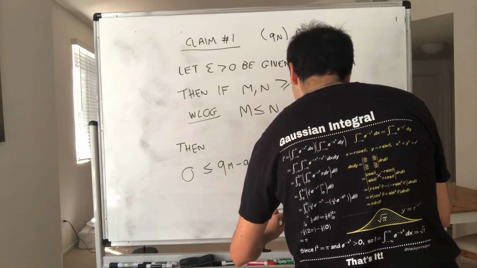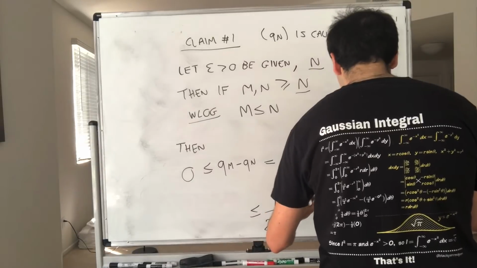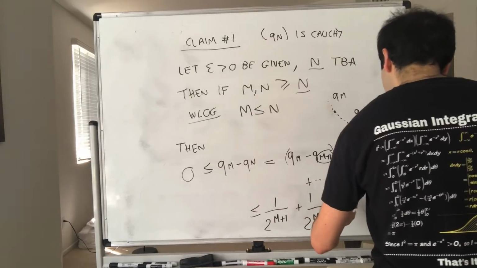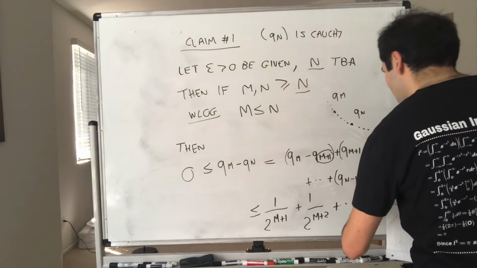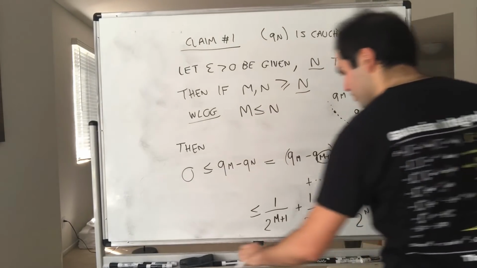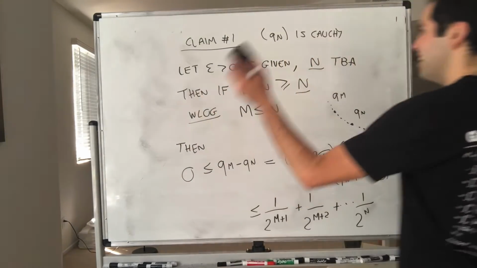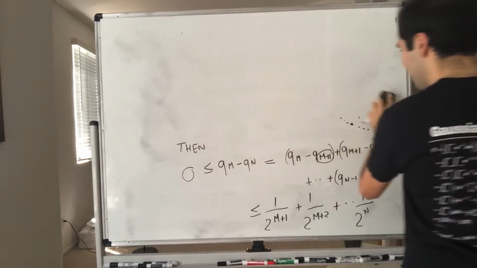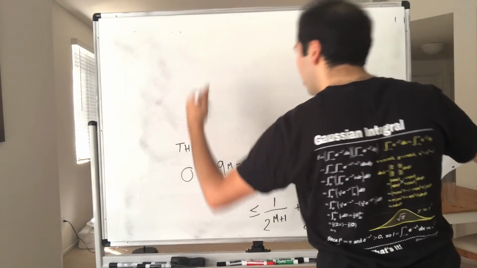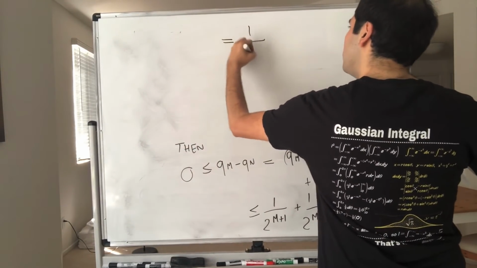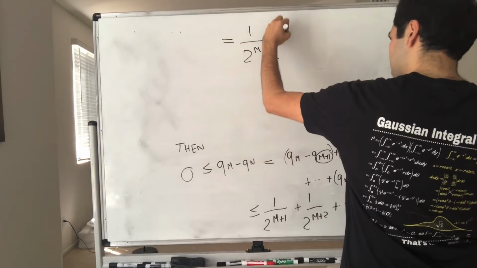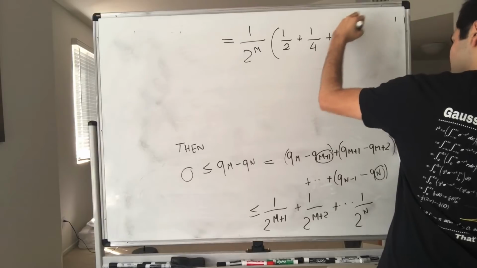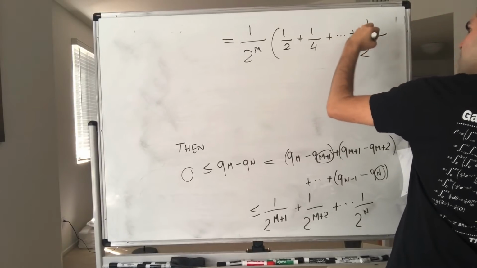So in particular, by construction, because they're so close to each other, this is less than or equal to 1 over 2 to the n plus 1, plus 1 over 2 to the n plus 2, etc., up to 1 over 2 to the m. But you may recognize this as a geometric sum. So this becomes 1 over 2 to the n times 1/2 plus 1/4 plus ... plus 1 over 2 to the m minus n.